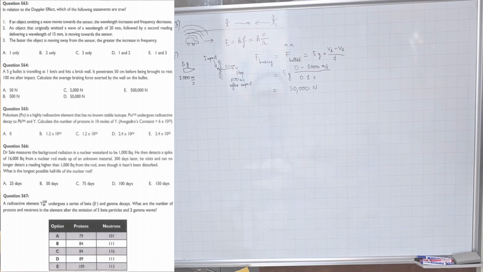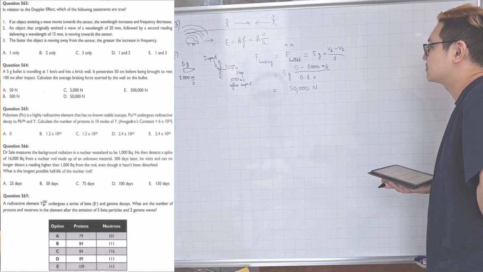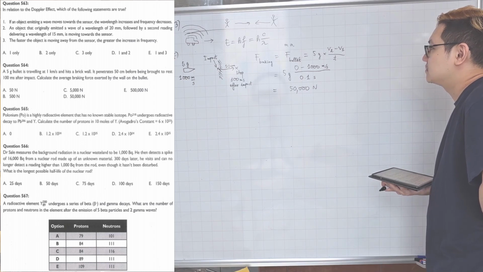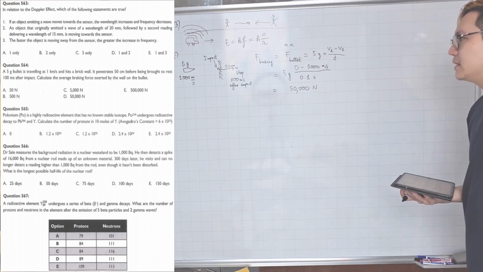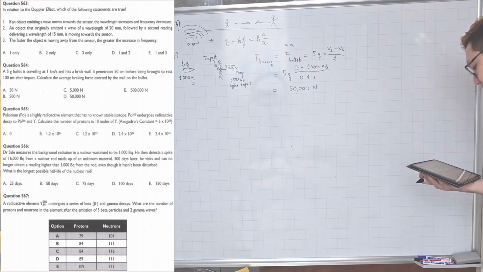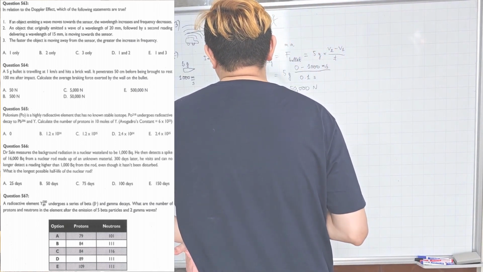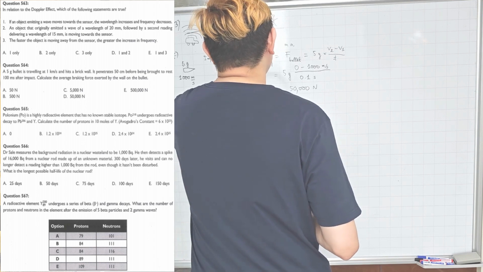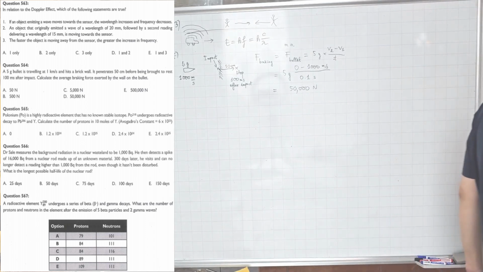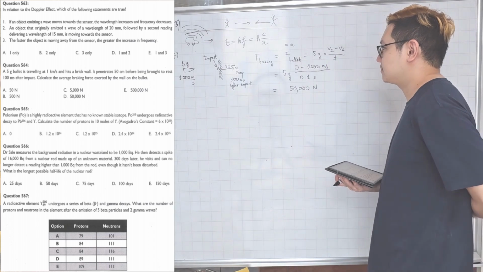Really? How could it be? Yeah, because the wall, I don't think it exerts that much force on a bullet. So I think A, we have to find a way to get to A now. So it means we have to find a formula that involves the 50 cm here.